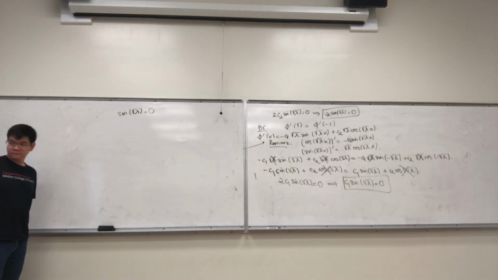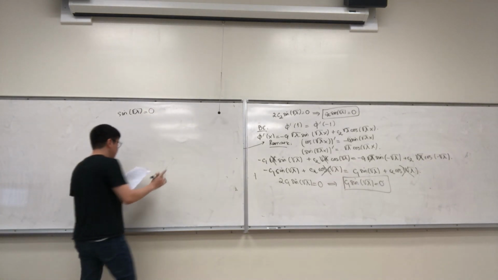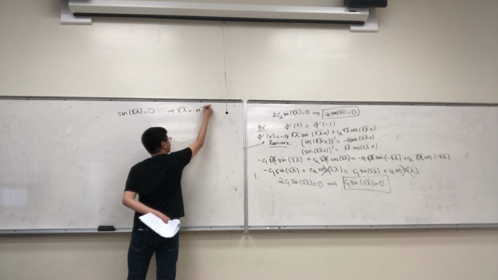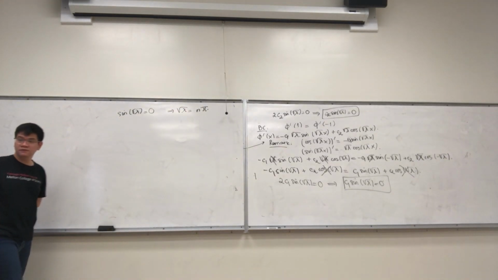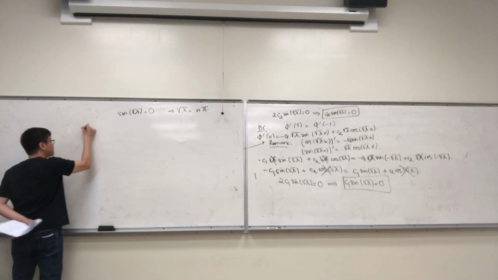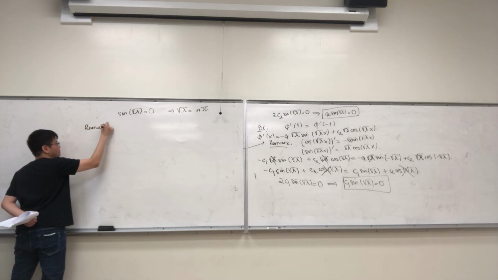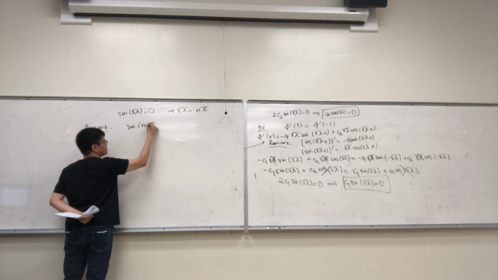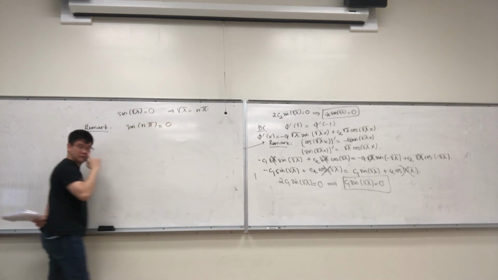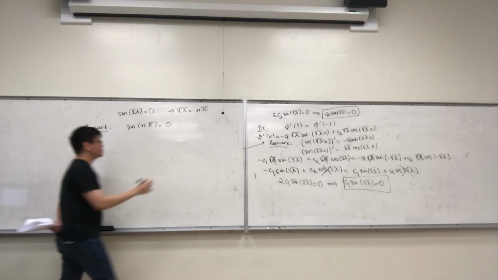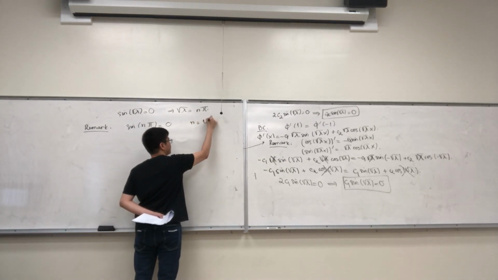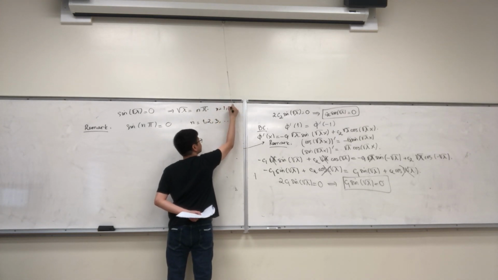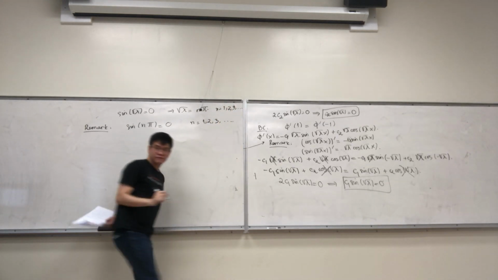All right? Which means that square root of lambda has to be n pi, right? So remark, sinus of n pi is always 0. All right? For n to be 1, 2, 3, 4, 5. So here I have n is 1, 2, 3, 4, 5. All right?